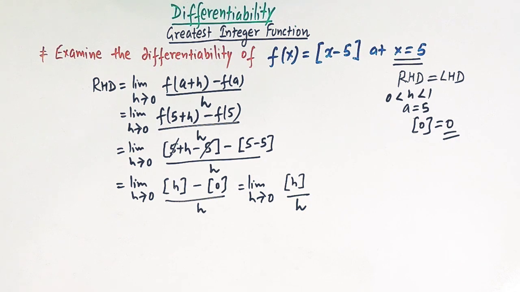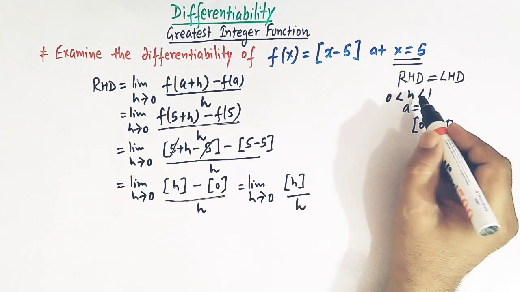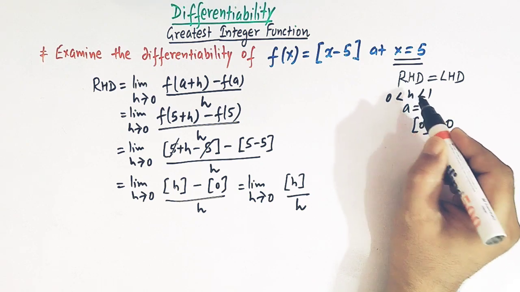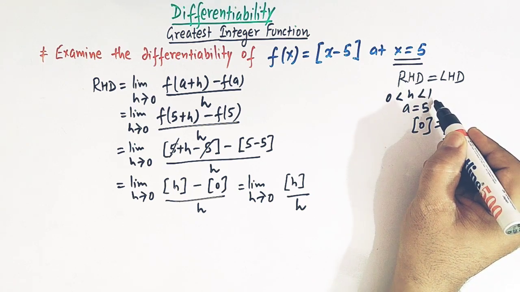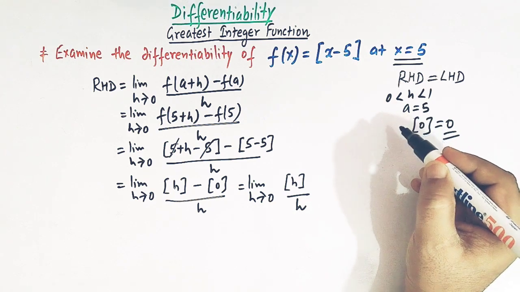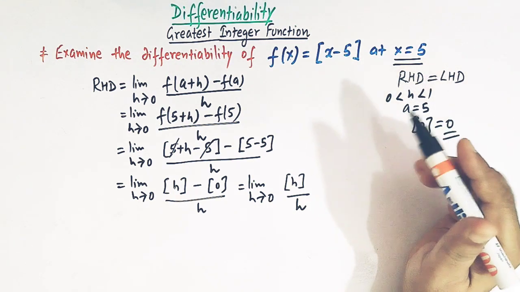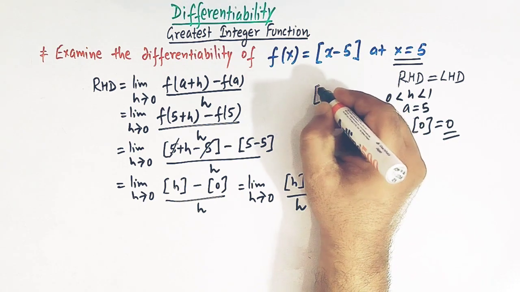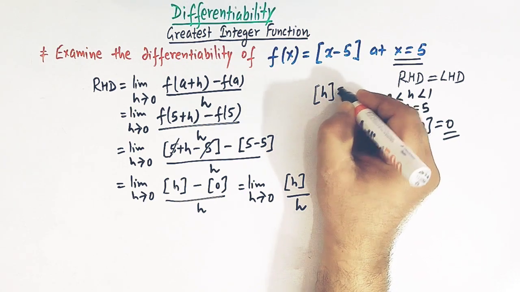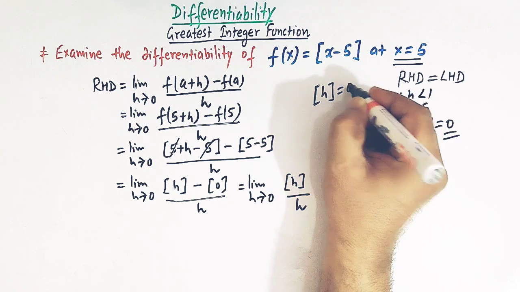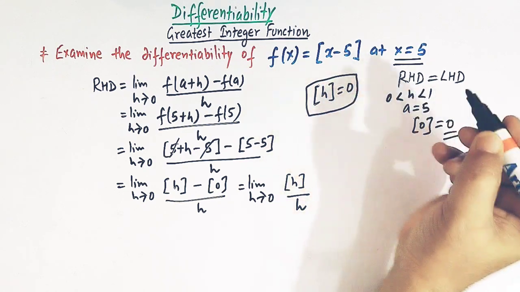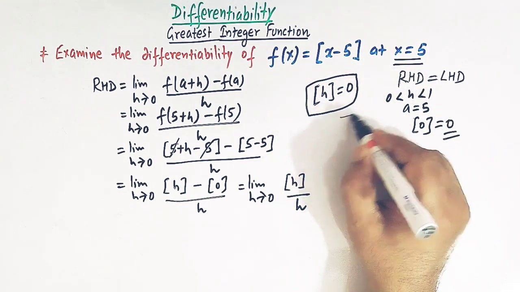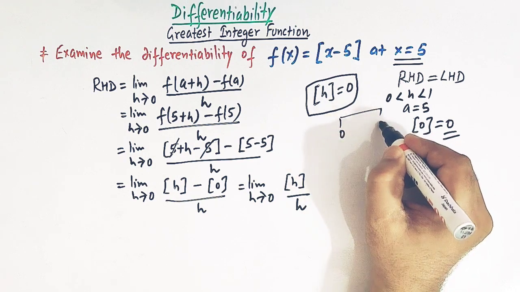Now the value of h is very small and lies between 0 and 1. So by definition of the greatest integer function, the greatest integer of h must be equal to 0, because h lies between 0 and 1.